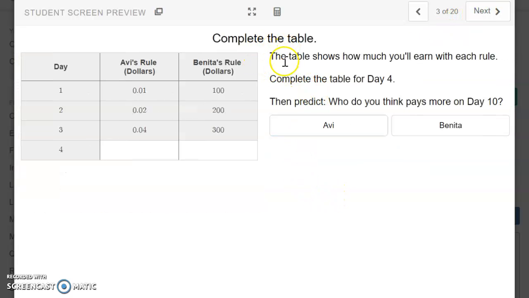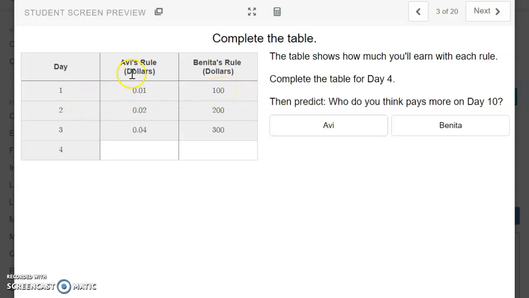Complete the table. The table shows how much you will earn with each rule. So there's Avi's rule and there's Benita's rule. They're both in dollars. So on day 1, Avi is saying she'll pay you 1 cent, while Benita is going to pay you $100.